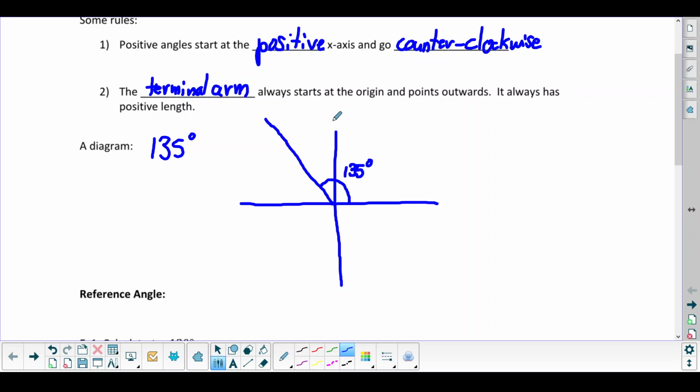Now we want to do more than that, though. I'm going to extend a little line down here, down to the x-axis, and we're going to label another little angle right here. This angle between the terminal arm and the x-axis is called the reference angle, and we're going to define it right down here in a second.